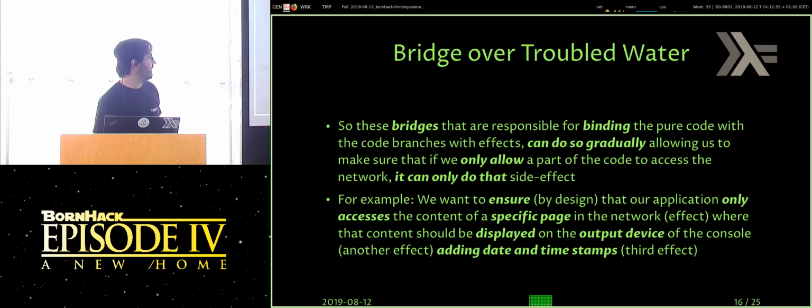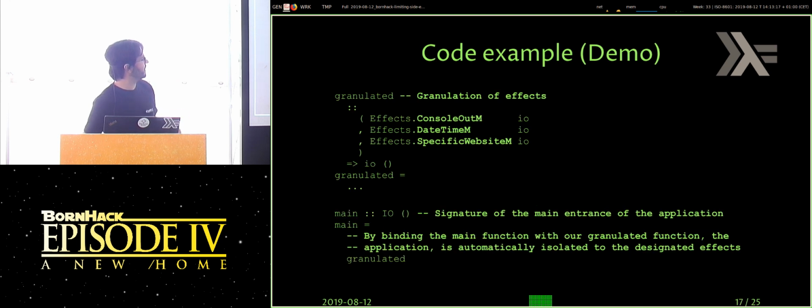Then I want to have the content of the page. I want to show it on an output device, which can be the console in this case. That should be another effect. And I also want to put in a timestamp. So I want to see that 2 hours ago I went to this web page, I downloaded it, and then I printed it to the terminal. So we have 3 effects, right?